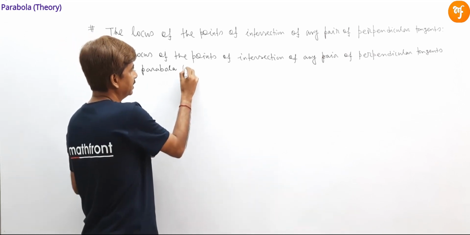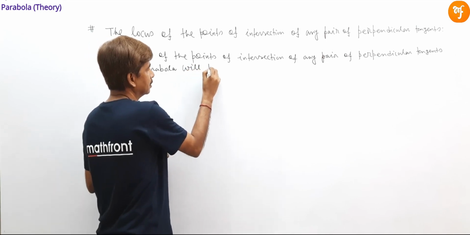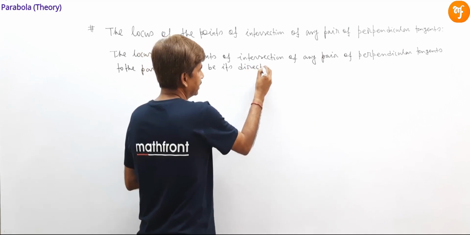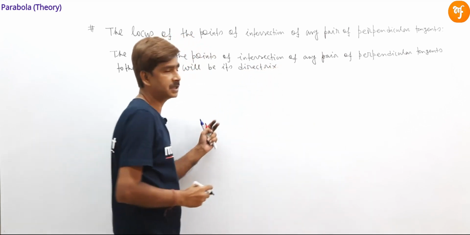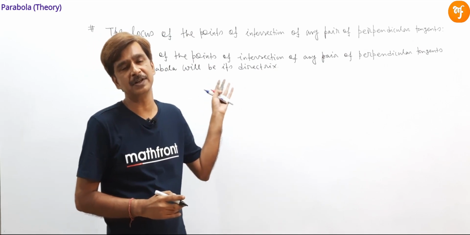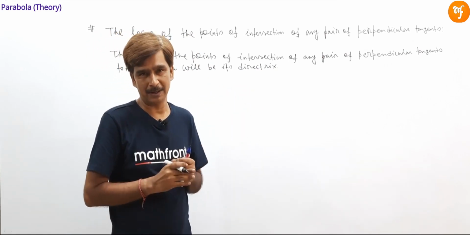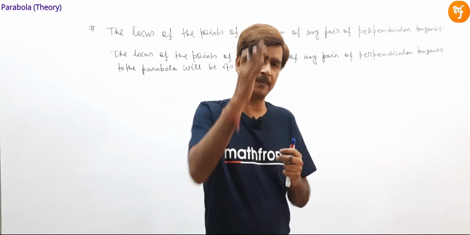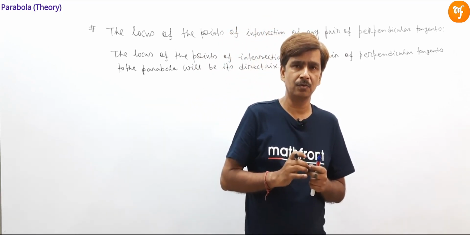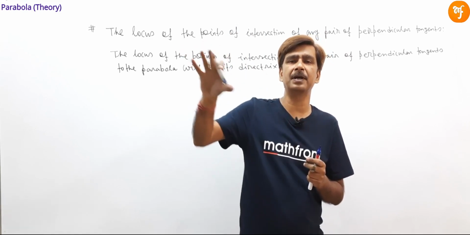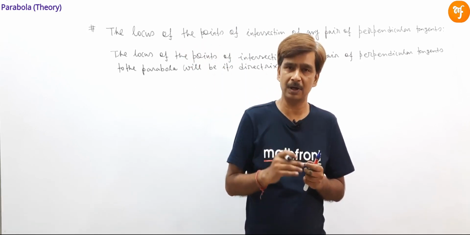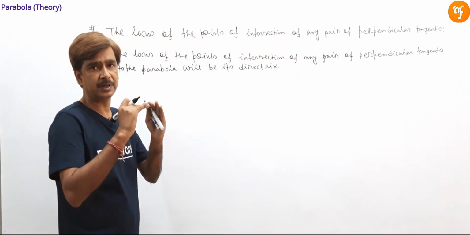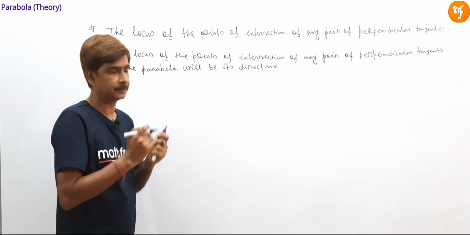Directrix. Okay, so this is also the alternative definition of the directrix of a parabola. So alternatively we can also say that from any point on the directrix we can draw a pair of perpendicular tangents to the parabola. Okay, clear? So look how we can discuss this theoretically.